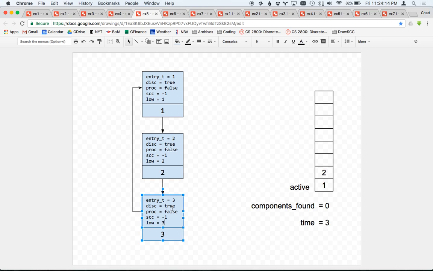Now you might ask, well, why do we always have to check whether it's lower than 3's current low? Doesn't it always end up being less than 3's current low? And the answer is it might not be if this weren't the first edge that we were processing out of 3, and there were another edge that went, say, from 3 back to some earlier vertex in the graph.